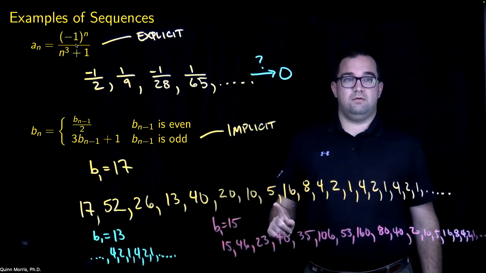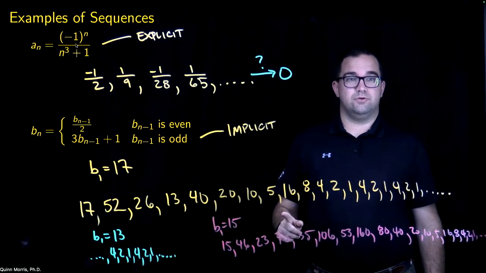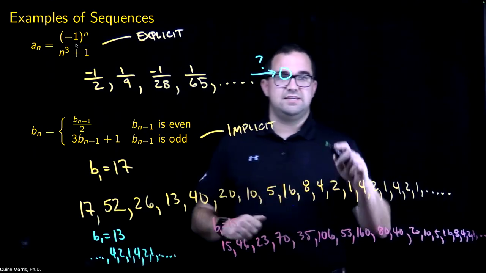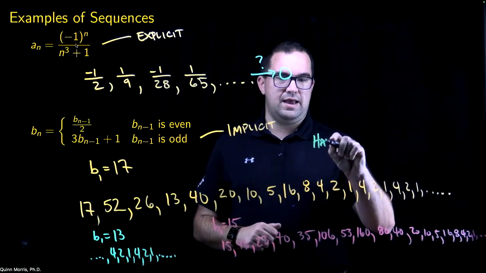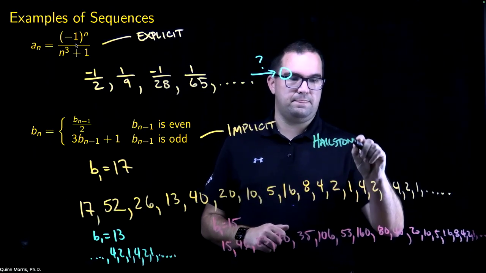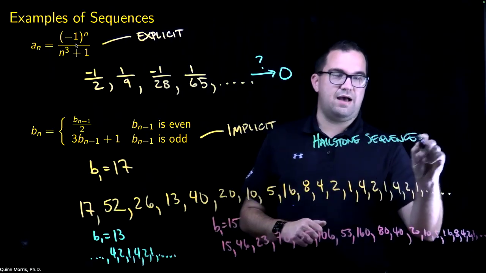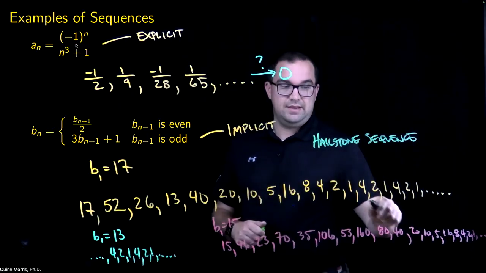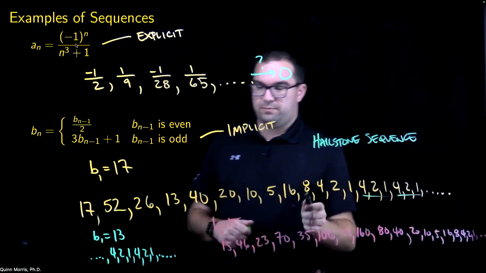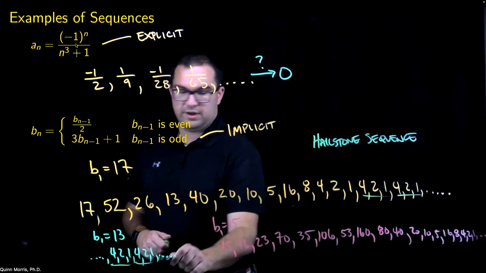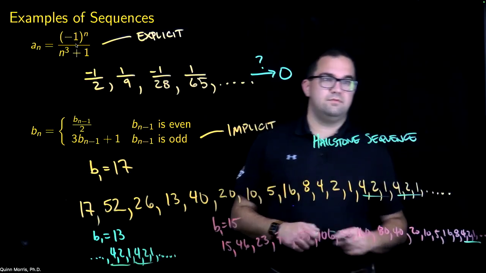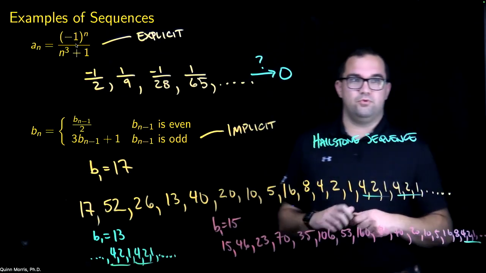This is a standing open conjecture that no one knows how to prove. This sequence is in fact called the Hailstone sequence. For every initial starting value that has ever been checked, it ends in this 4, 2, 1 repeating cycle over and over again, but no one has yet been able to prove that that's the case.